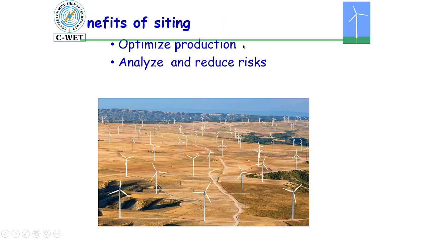It is to optimize production from the wind farm, analyze and reduce risks related to wake effects affecting the neighboring turbines. So this is the purpose and benefits of siting.